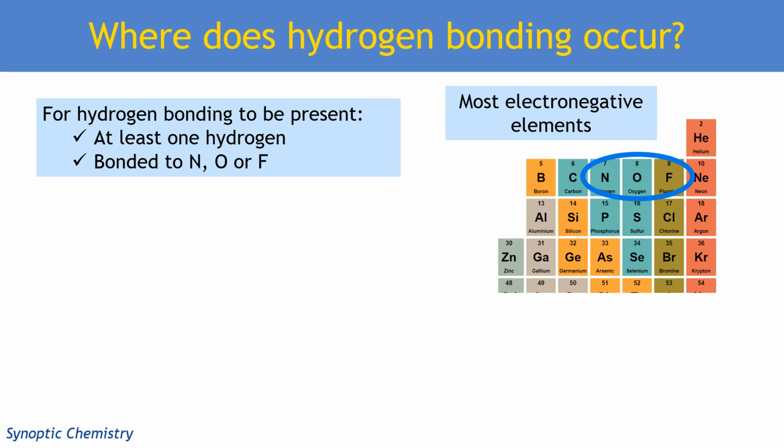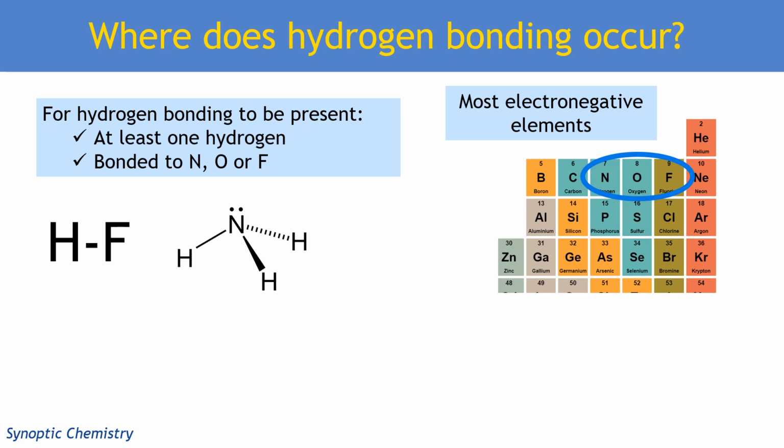So we can easily therefore determine whether a molecule has hydrogen bonding. Let's look at the three elements. If it's fluorine, there is only one possible compound, hydrogen fluoride, because once we've made that compound, there's no other possibility for fluorine or hydrogen to bond with anything else.